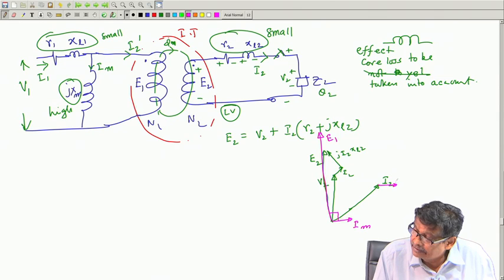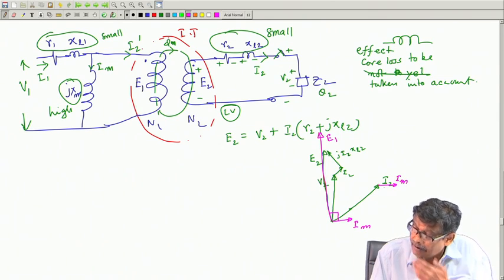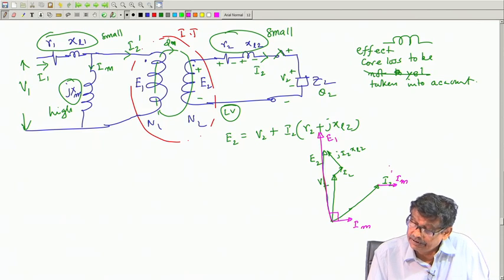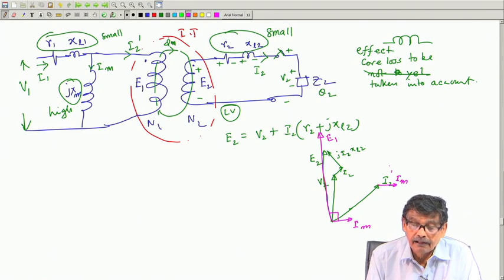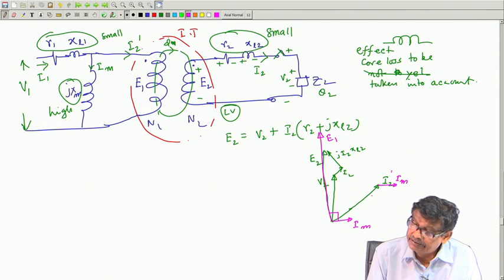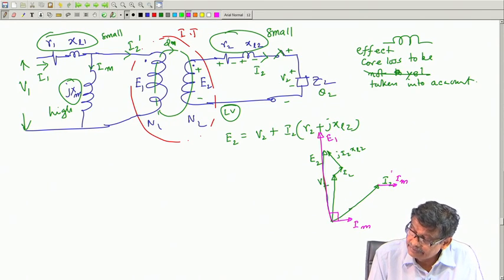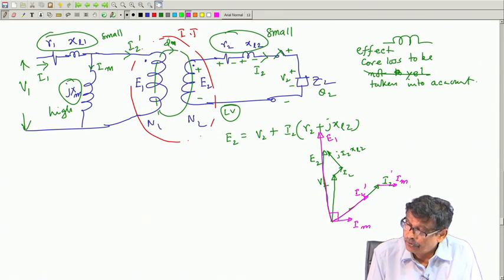So, add this Im, I2 dashed, I am so sorry. So, I2 is this one. I2 dashed will be less. So, suppose this is I2 dashed.